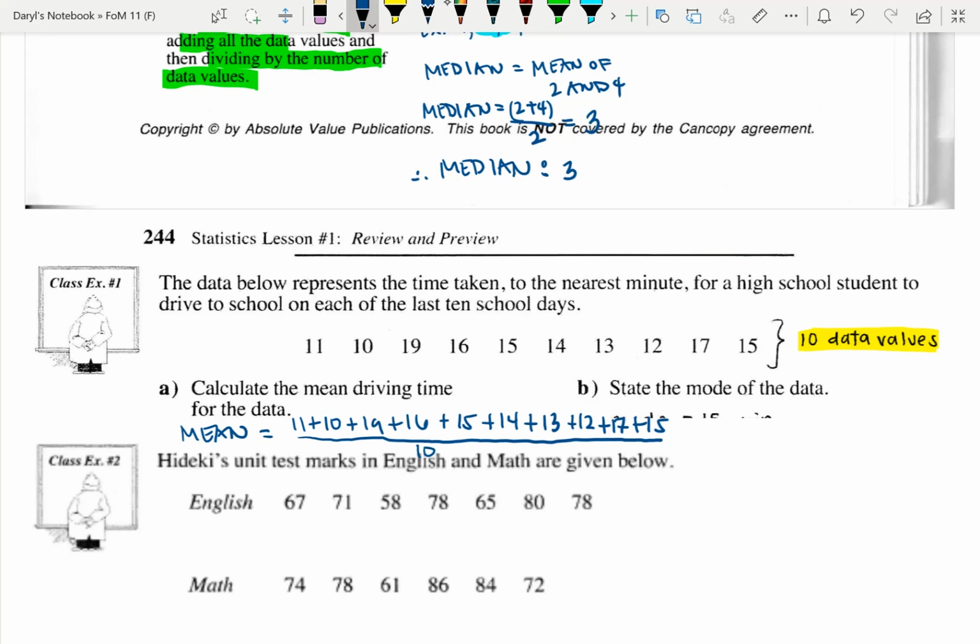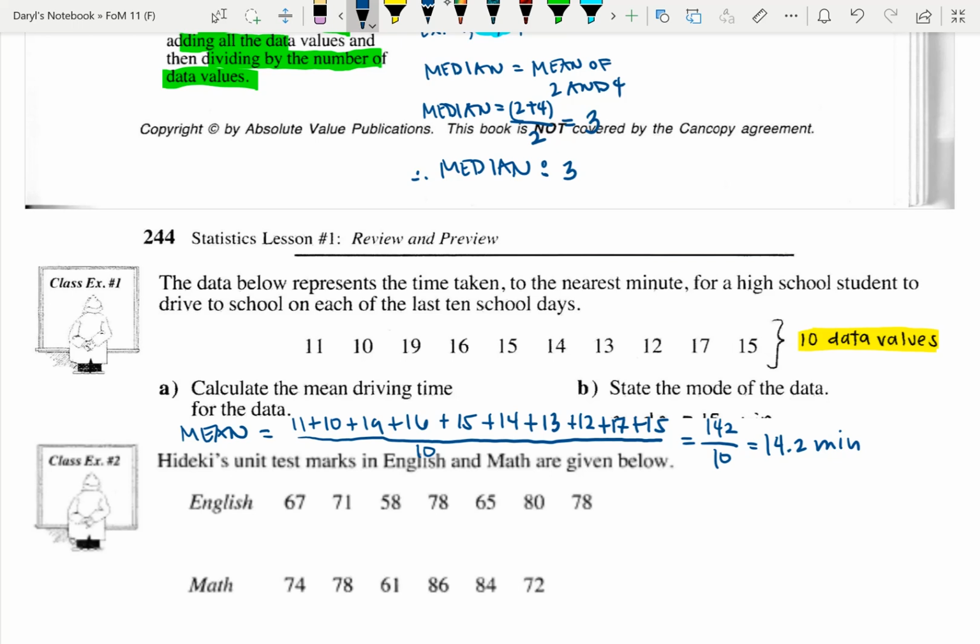If you sum that out, you have 142 divided by 10, which gives you 14.2 minutes.